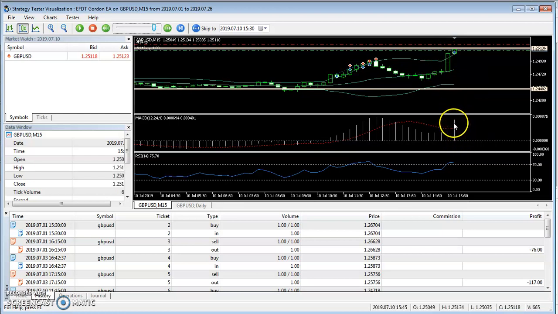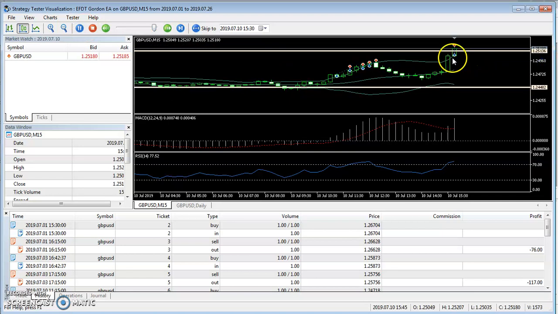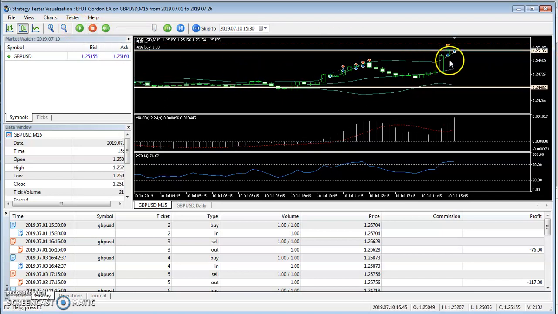The MACD was rising up above the signal line, above the zero baseline. The RSI approaching the 70, breaking through the 70, and then we see a signal to open a trade. And as you can see here, that trade broke through the resistance line and even took the 10 pips of profit.